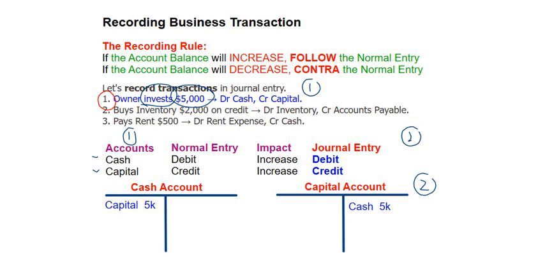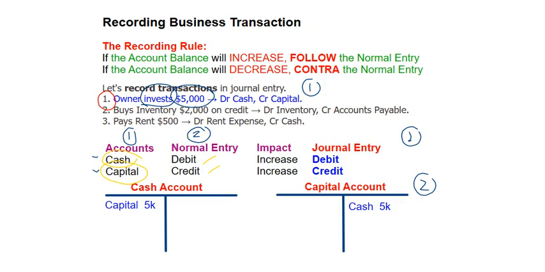Next step is you need to apply what you have learned about normal entry. And you know that your cash account, which is classified as an asset, is always debit. And then your capital, which is on the right side of the equation, is always credit. So what's the next step?